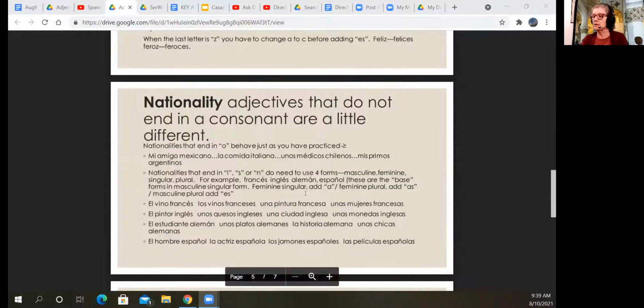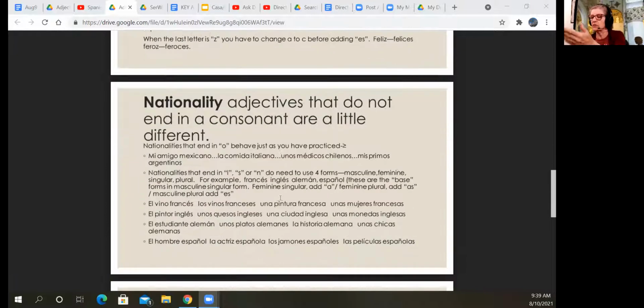Now, the one disclaimer is that nationality adjectives, so words like German, French, English, Spanish, Italian, Argentine, Chilean, Mexican, if they end in O, they follow the same rule. If they don't, then we do need to go into feminine forms. Don't worry about that yet.